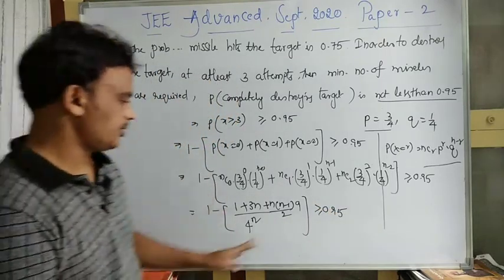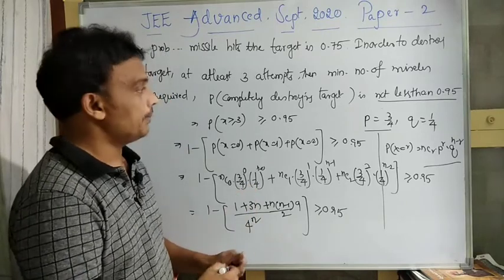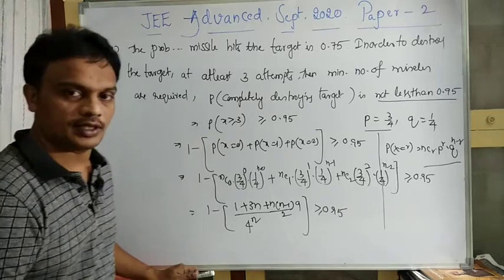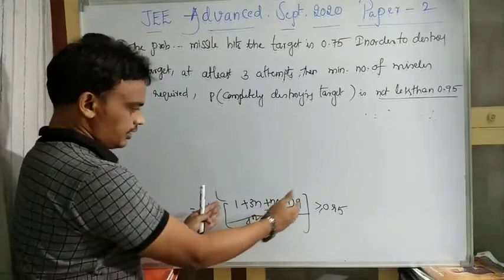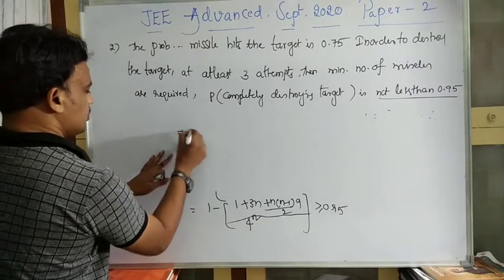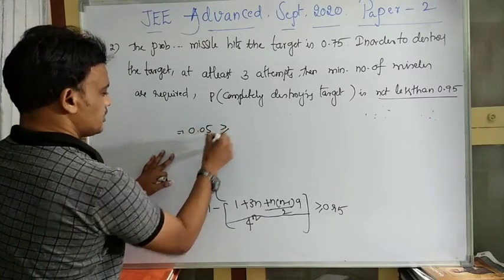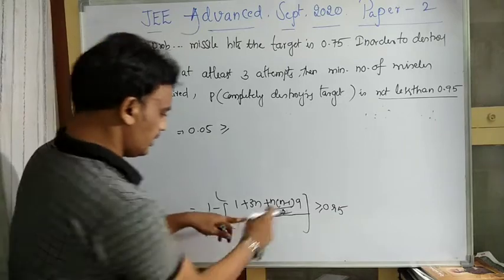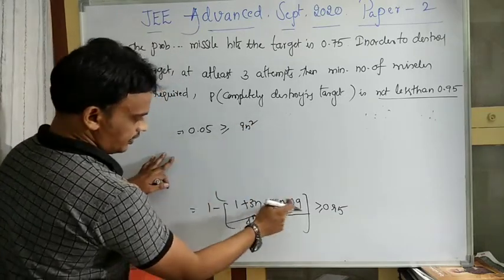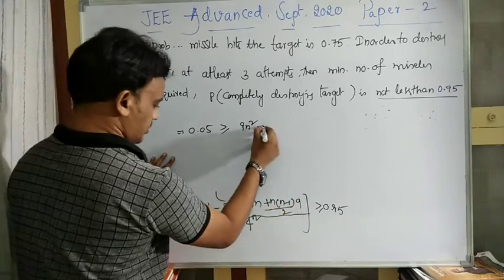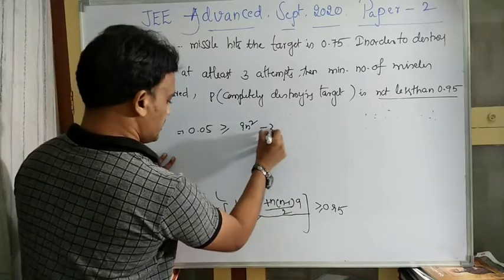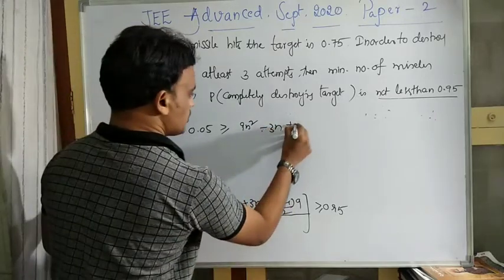By simplifying this, what is the minimum possible value of n? Assigning this to the right side, 1 minus 0.95 is 0.05, which is greater than or equal to 9n square minus 9n plus 6n, which is minus 3n, plus 2.